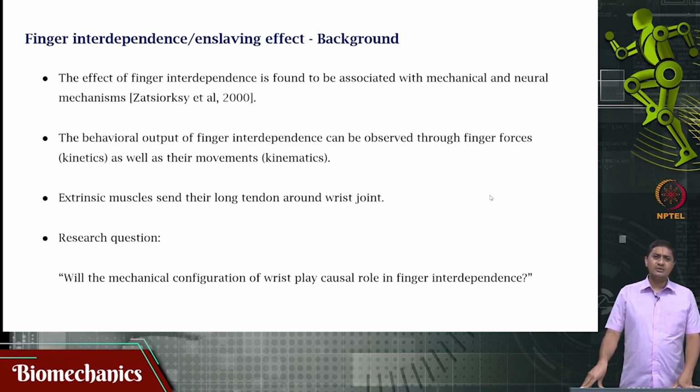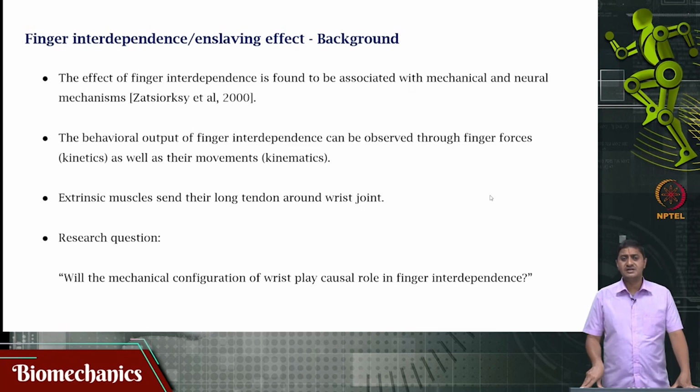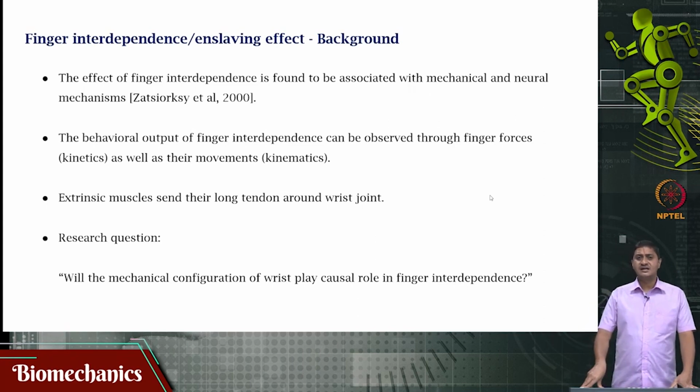Of course, the only observable output of the central nervous system are movements and actions. So, we can observe it through fingertip forces, as was done by Zatsiorsky and his colleagues in 1998 and 2000, and then many other follow-up studies by other colleagues. Or we can also study this using finger movements, kinematics.